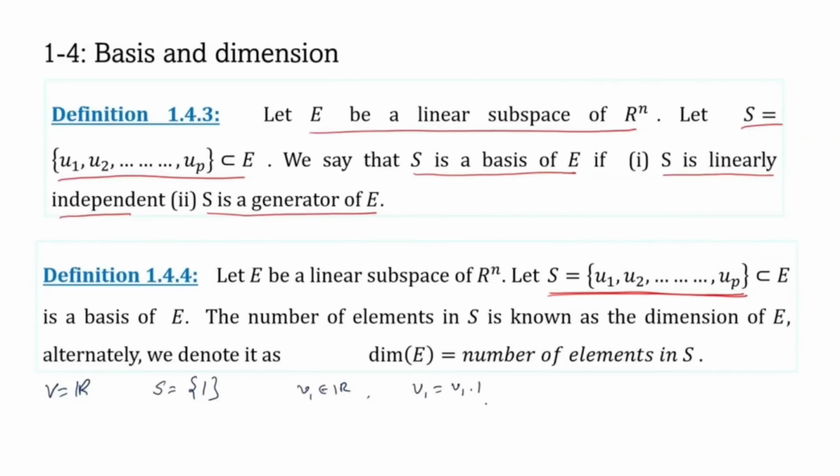Therefore v1 is a linear combination of the entries of S. So this implies S is a basis of R and the dimension of R is equal to 1, because S has one element.